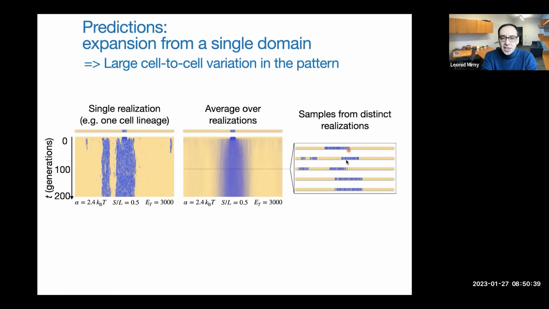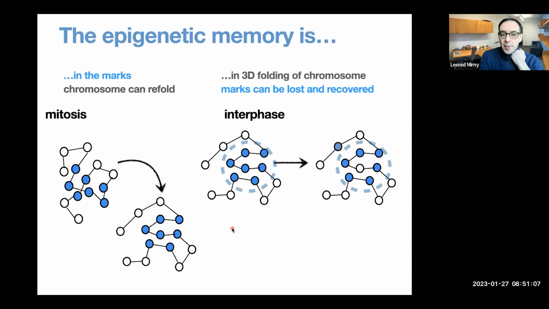Nevertheless, in individual cells, these patterns would be vastly different, which argues that when the memory were to deteriorate due to, for example, slowdown of cell divisions or changes in the level of the enzymes, individual cells may start losing their memory of the original state, while on average it may appear that the pattern is preserved. So again, single cell mapping of histone marks can also test these predictions.